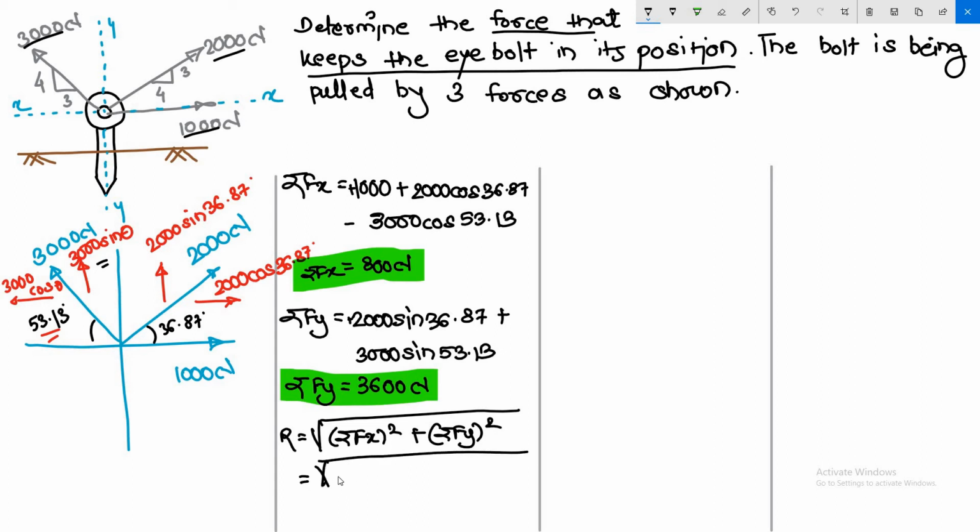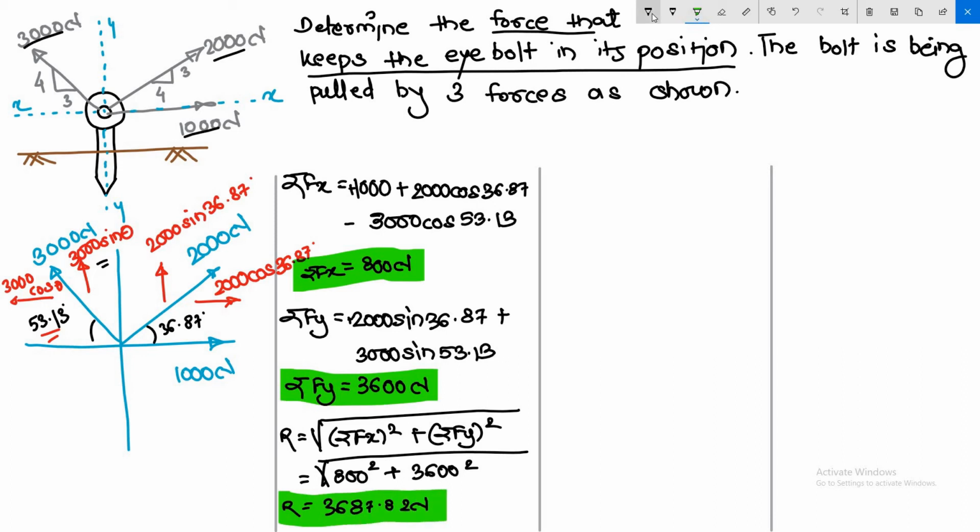They are 800 square plus 3600 square. Again, using the calculator, get the value of R, which comes out to be 3687.82 Newton. Okay, that's the value of R. Let's keep it highlighted because we are going to require that.